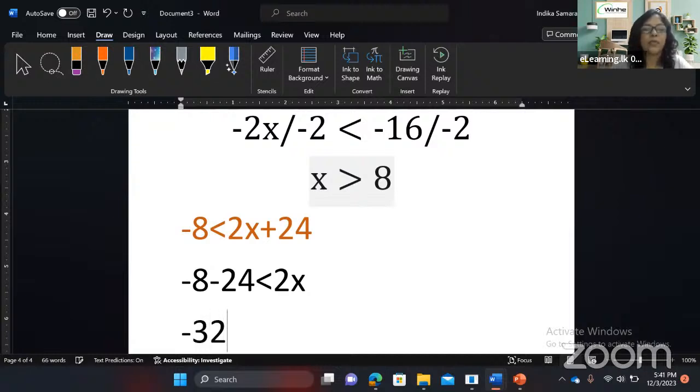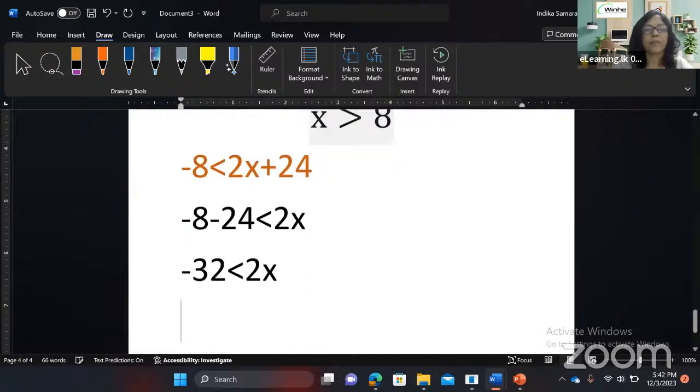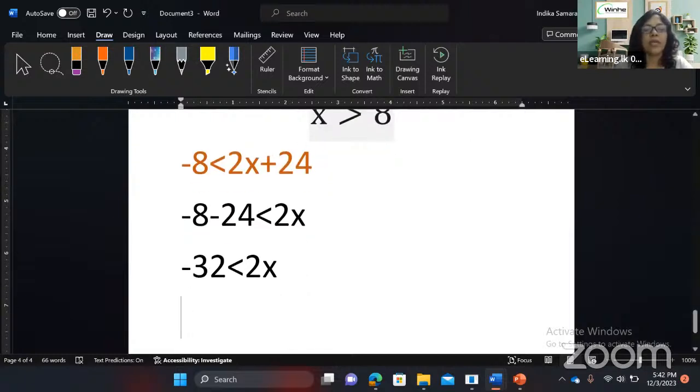Minus 32, x is greater than, sorry, 2x is greater than minus 32. Then you can divide both sides by 2. Then x is greater than minus 16.